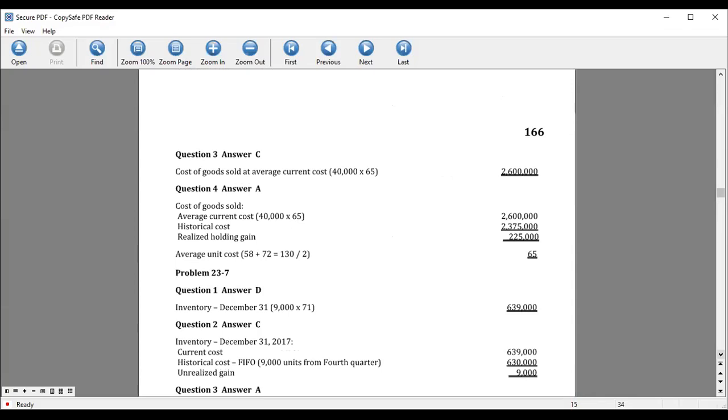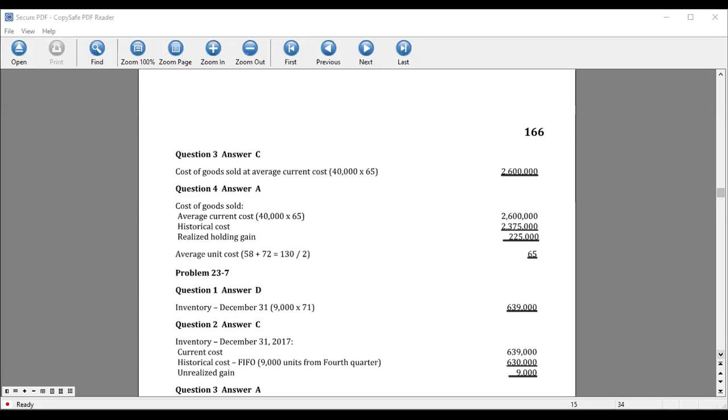Then in question number 3, in the income statement stated at current cost, what is the cost of goods sold for the current year? So we have cost of goods sold at average current cost. We are given 40,000 units, and then we multiply this 40,000 units by 65, and 65 is the average, adding 72 and 58, that makes 130, divided by 2 is 65 per unit, so you get 2.6 million.